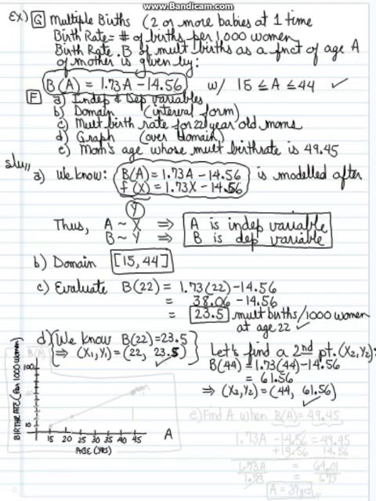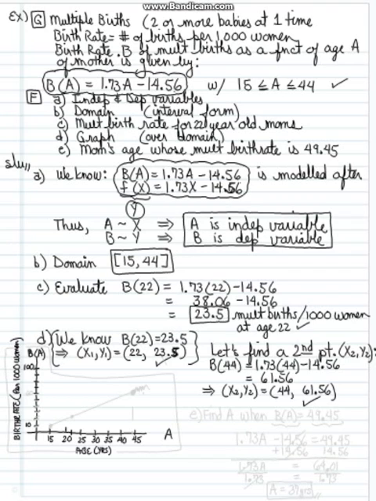Okay, let's graph our two ordered pairs. By the way, this is what we call b of a, so let's label this axis b of a. We have the ordered pair 22 and 23.5. So go out to 22 on the x, or the a axis, that's about here, and then meet the value on the vertical axis at 23.